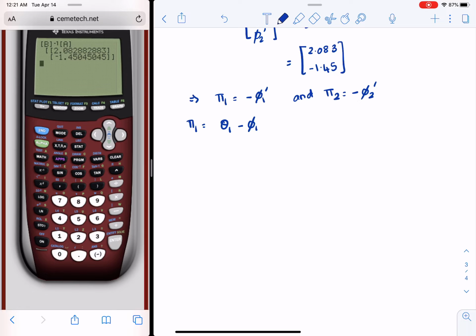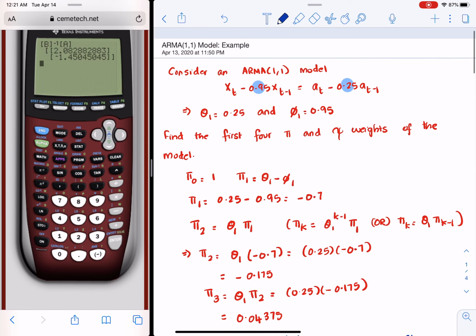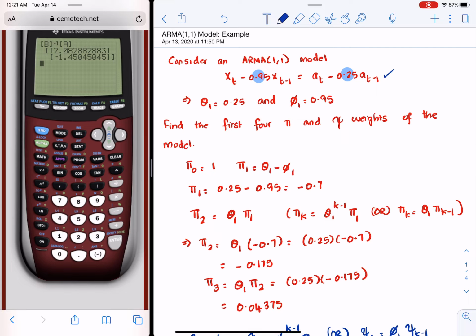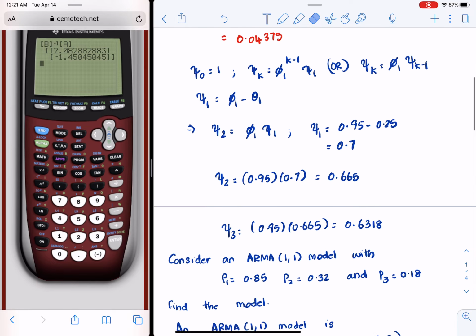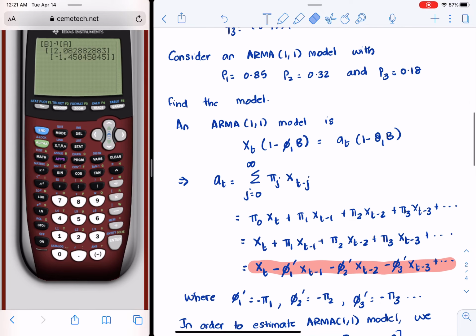And note the theta and the phi here correspond to the original ARMA 1-1 model, which is right here.